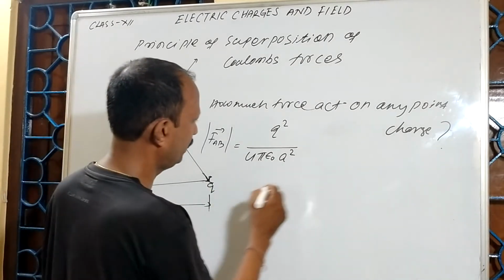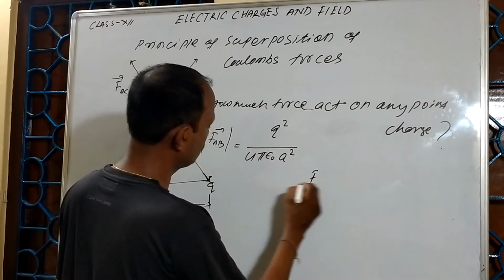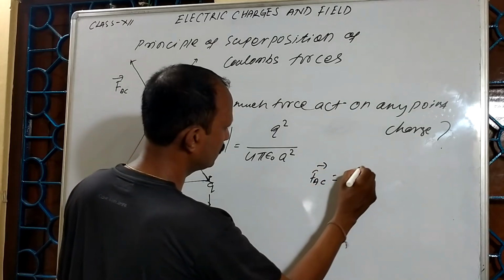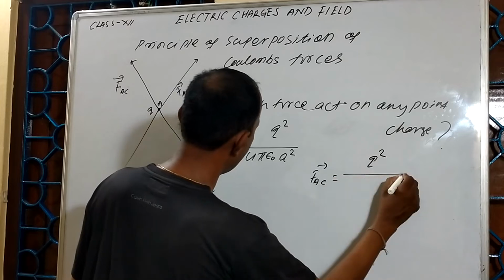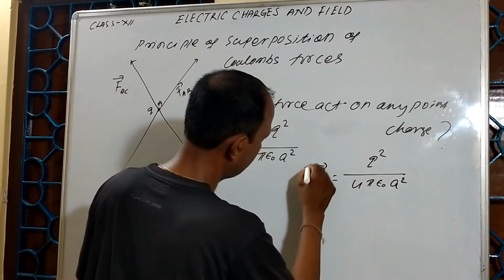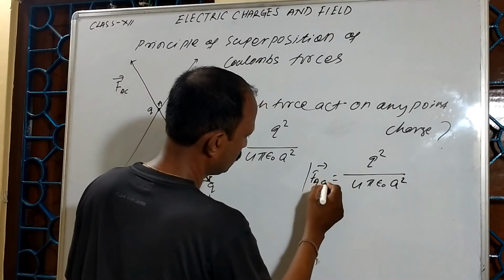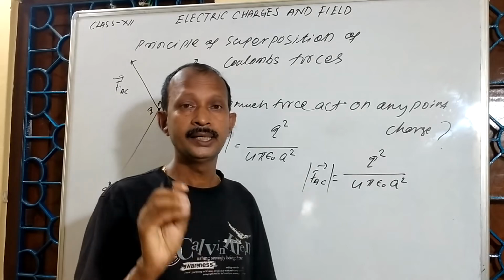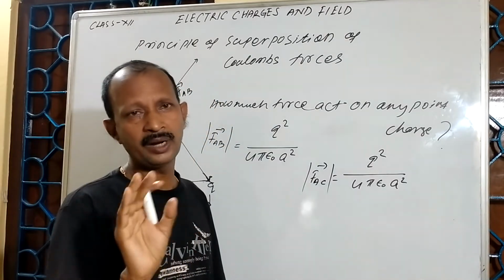Similarly, the force on A due to C is also q square over 4 pi epsilon naught a square. Both these forces are equal, no doubt at all.